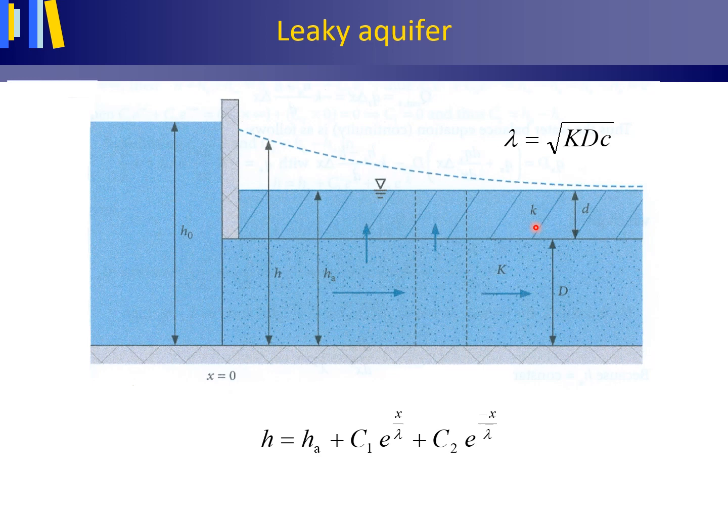So C is the resistance of the confining layer in days, and Kd describes the aquifer in square meter per day. Thus Kd times C is in square meter. Taking the root of this, we have the leakage factor in meters.